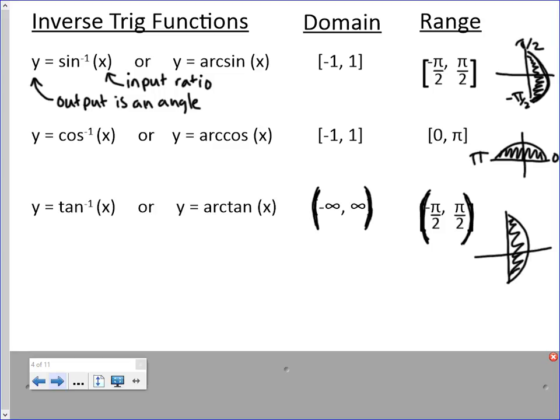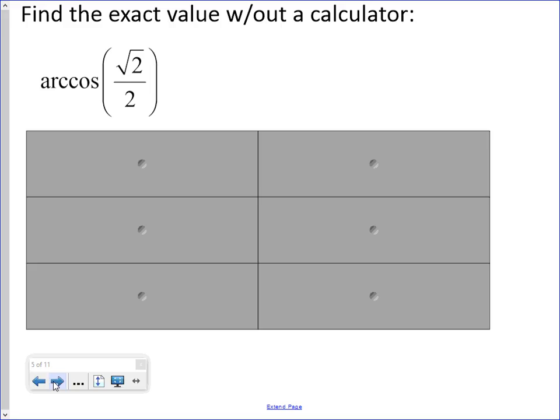Okay, so we're going to do a few examples here. The arc cosine of square root 2 over 2. I'll walk you through my thought process here. I'm thinking about arc cosine, and immediately what pops into my head? Quadrant 1 and quadrant 2. My range for arc cosine, my answers can come between 0 and pi.